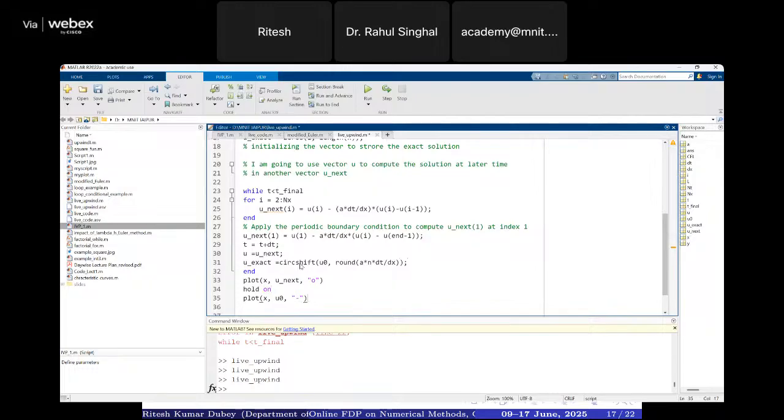and I can put here plot. I can write here exact. No, this is not exact. I will not write here. Okay, here you have x.